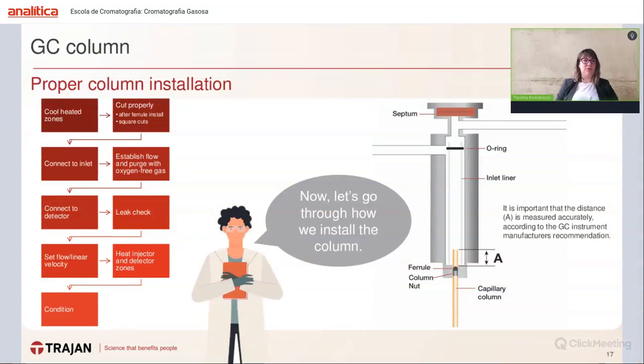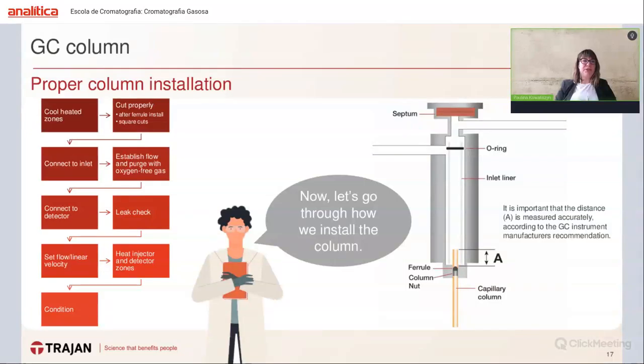Then we are able to connect the column to the inlet. We should establish the flow and purge our column with oxygen-free gas. It can be done by our carrier gas. After the column is flushed with the gas, it should be connected to the detector.